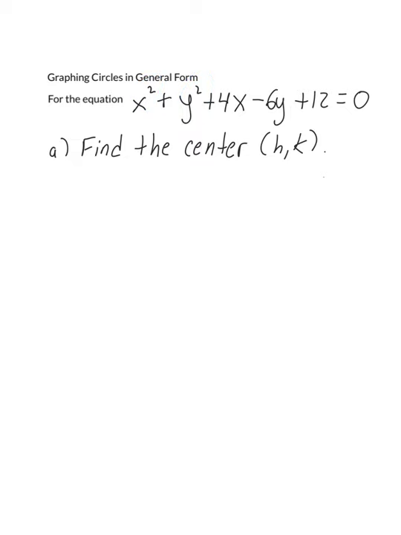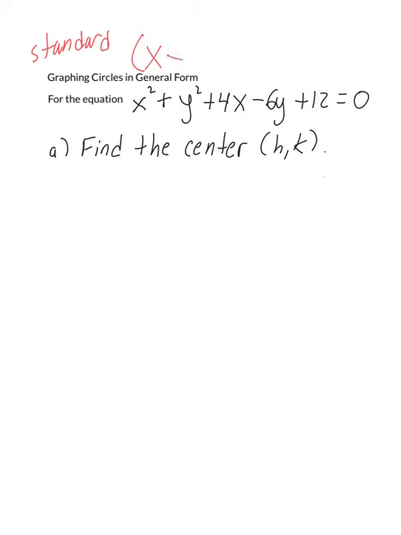If we think back to the formula in the last video for standard form, we said most of the time, not always, there would be parentheses, but you'd have this factored format around your x's and your y's.